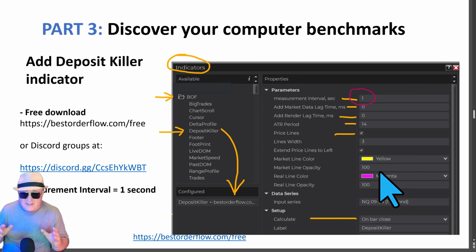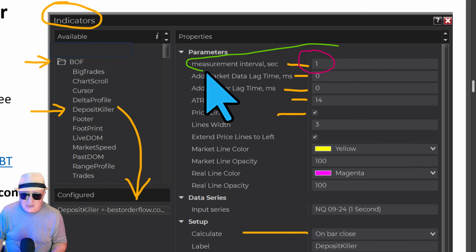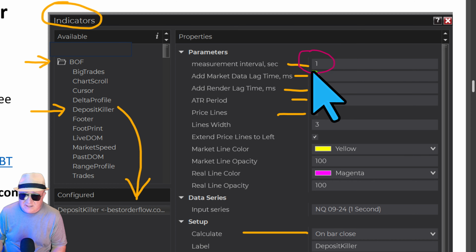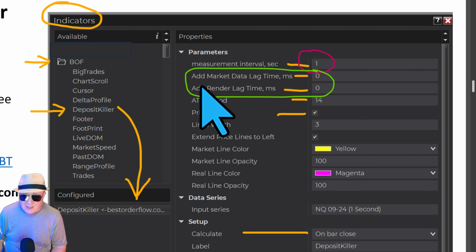And here's how we set up our deposit killer for the first time to run. We need to make sure that the parameter like measurement interval is set to 1, and then make sure the data lock time is equal to 0, so that we don't add any market data lock time.